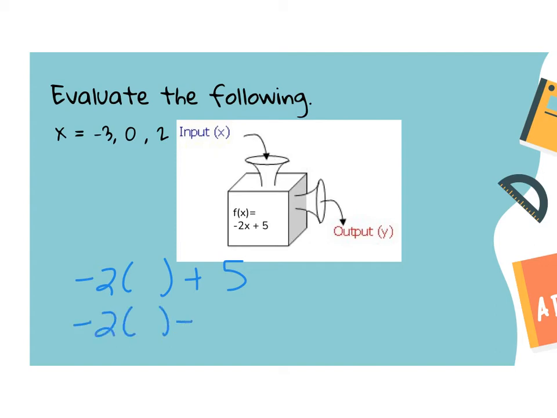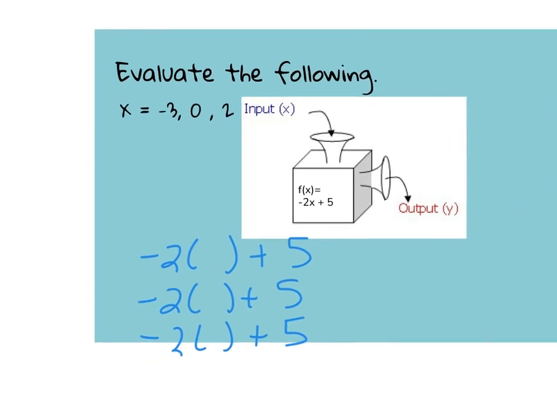So for the first one, when I input -3 in here, that's my x value. What is my output, my y value? So go ahead and evaluate that.